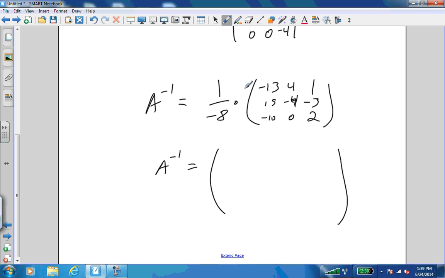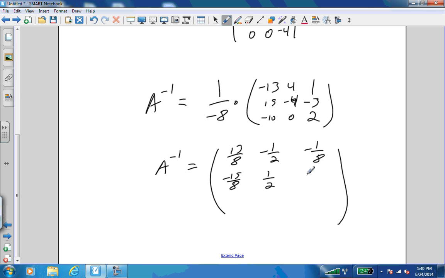So if we multiply this out, we do it times the first element. 2 negatives make a positive. 13 over 8. 4 over negative 8, that's negative 1/2. Negative 1/8. Negative 15 over 8. Negative 4 over negative 8.